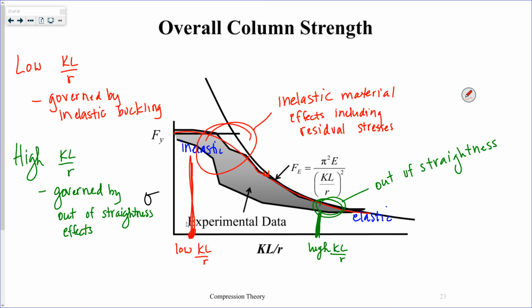And because of that high KL over r, you're going to care more about whether or not you have those out of straightness effects that are causing additional moment and additional stress, versus if it's shorter and fatter, you really care more about the fact that you're yielding first before you buckle.